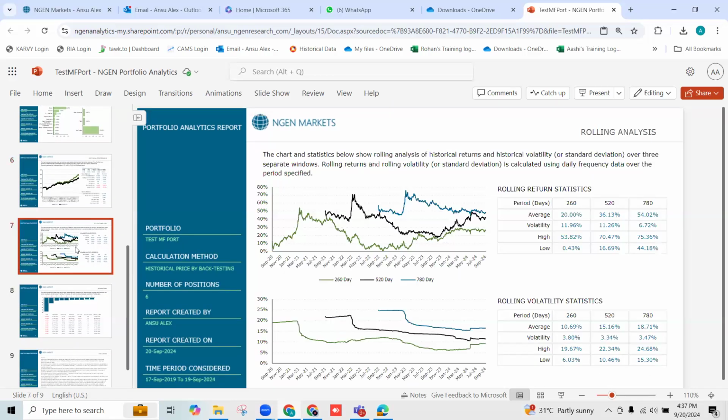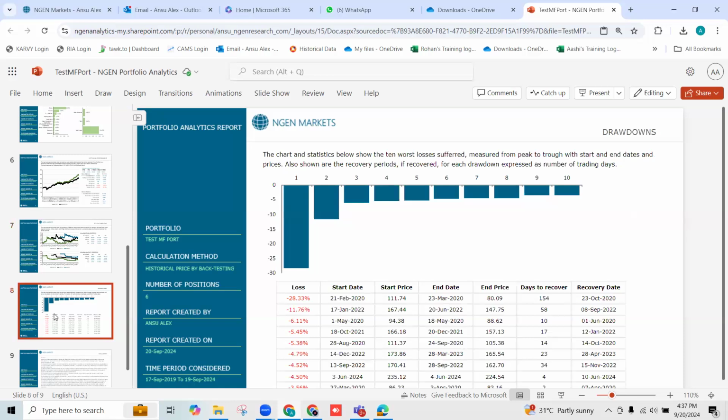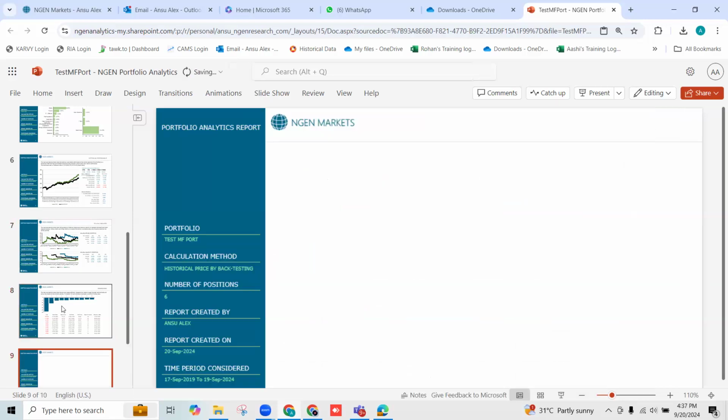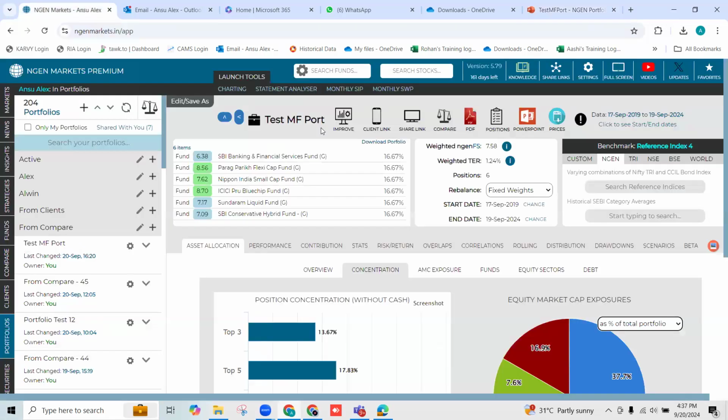Next happens to be the rolling returns tab, letting you see how the portfolio has performed in various rolling windows. 260, 520, and 780 is something that gets generated by default, which are anytime editable on the platform. And finally, the drawdowns tab. PPTs on our platform are editable that way, meaning you could add slides or remove slides as well. Now, this was the first reporting option.